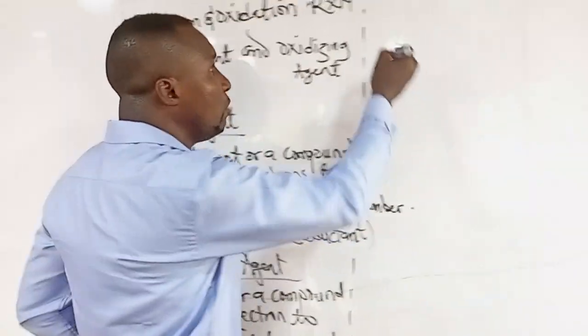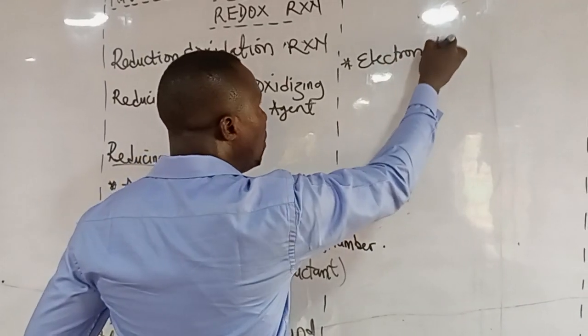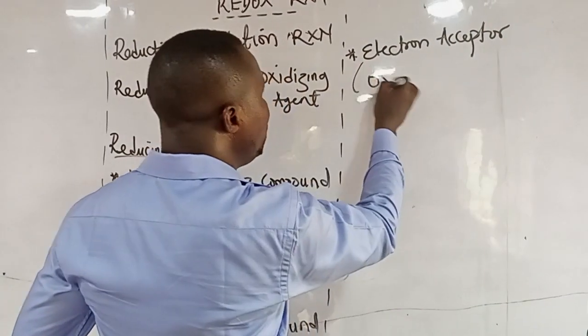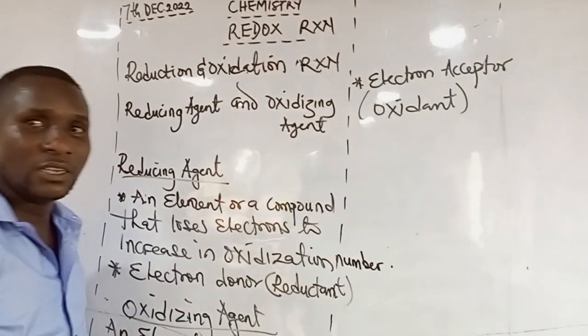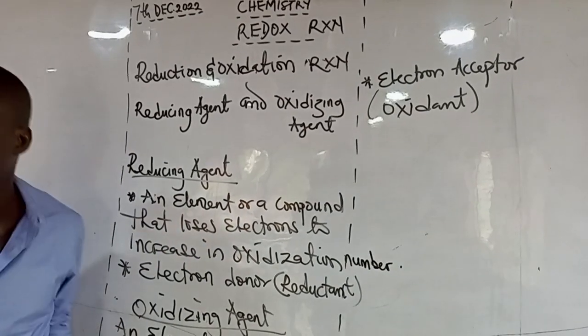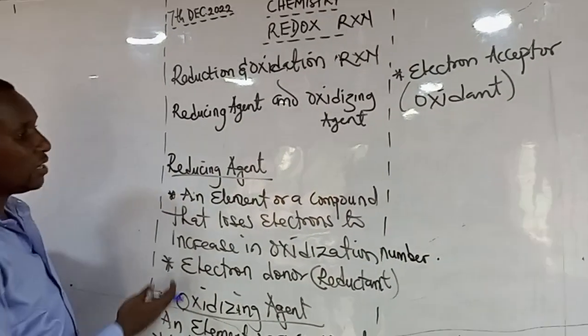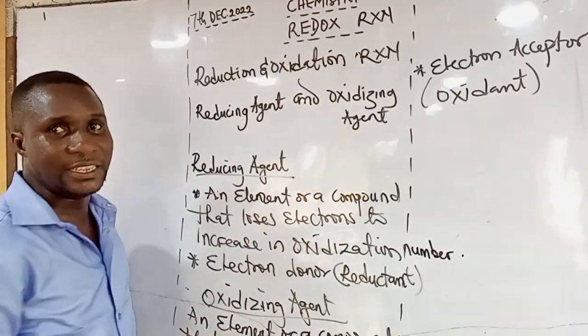Oxidizing agent can also be called electron acceptor or oxidant. That means before you know the definition of redox reaction, you have to know these two agents. What is reducing agent? What is an oxidizing agent?